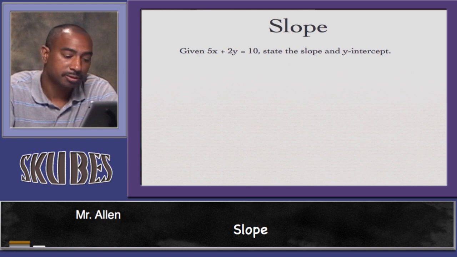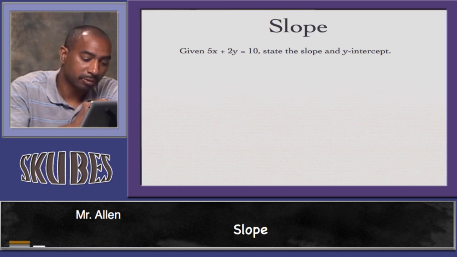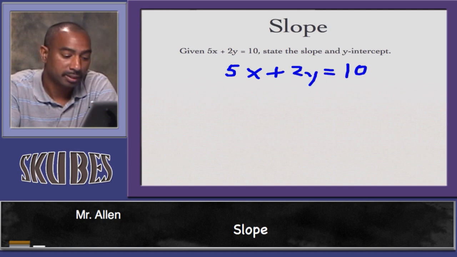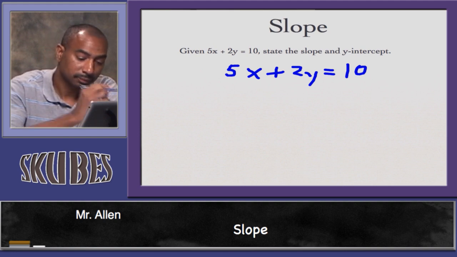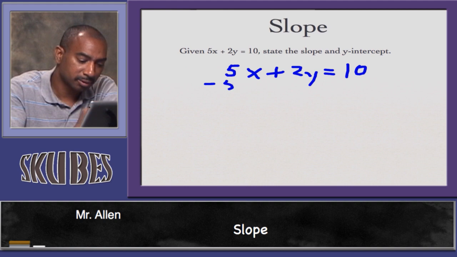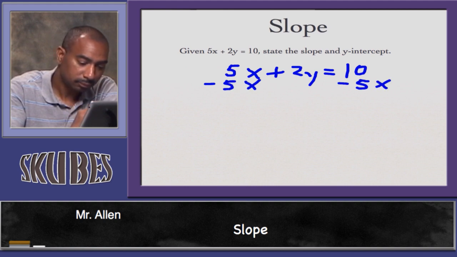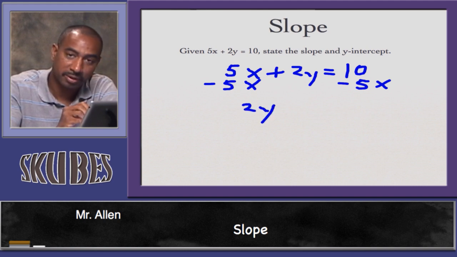Given 5x plus 2y equals 10, state the slope and the y-intercept. Well, if you notice this equation, it's not written in slope-intercept form. This is written in standard form. So what you've got to do is solve for y in terms of x. Simply move the x term to the other side. So you get 2y, but you cannot subtract 5 from 10.